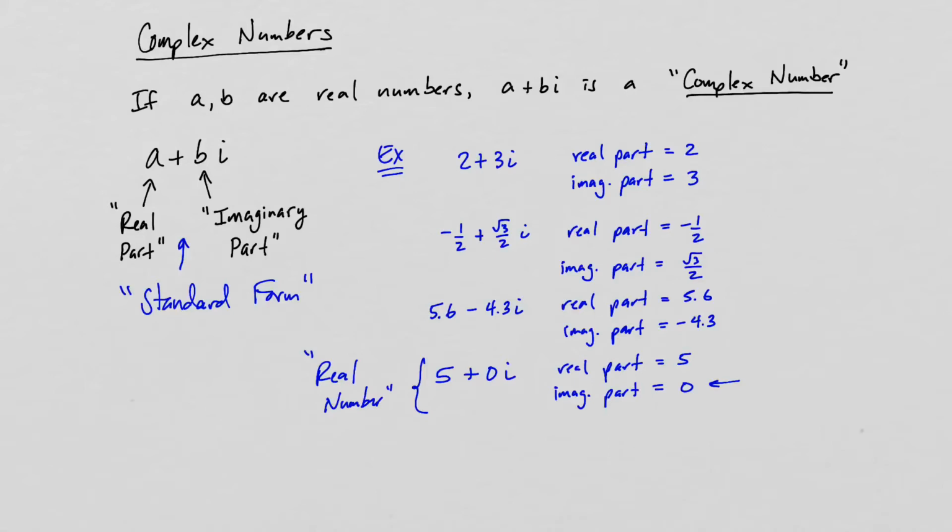Now, also, you can take a number like 3i, which is what we call an imaginary number, but it's also a complex number because we can think of 3i as 0 plus 3i. In this case, the real part is 0, and the imaginary part is 3.